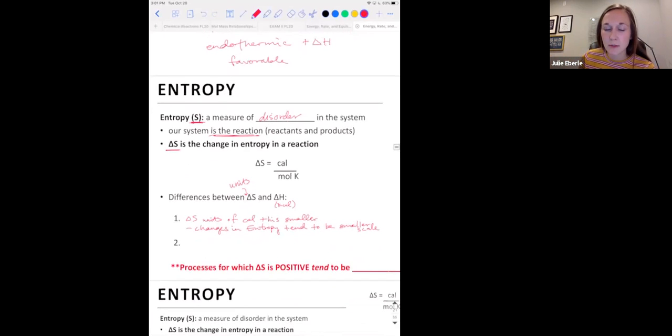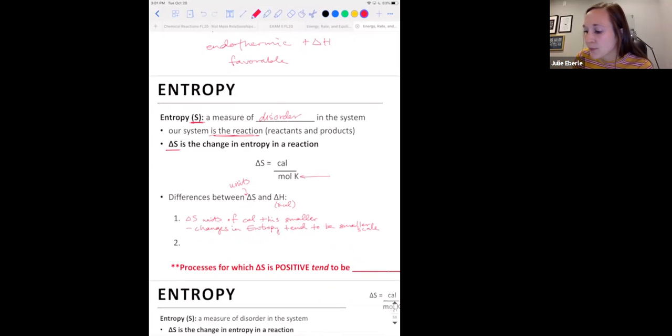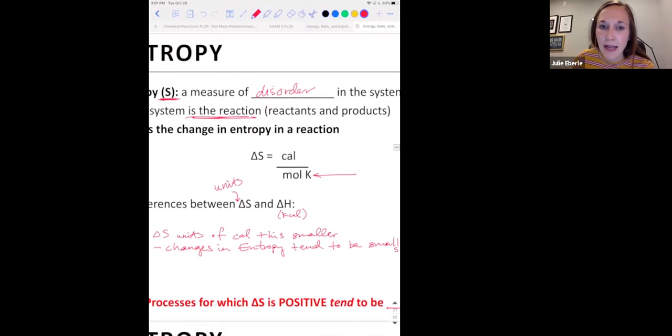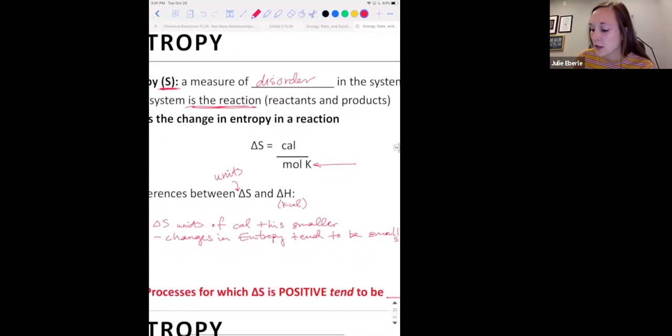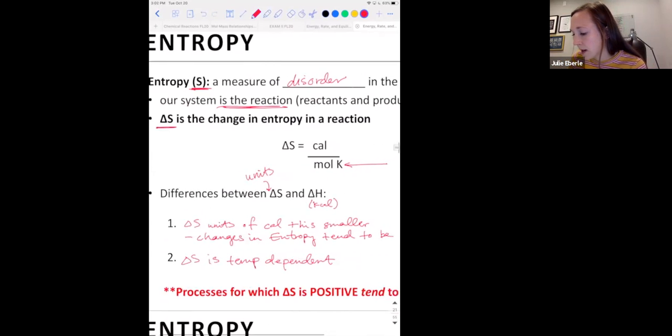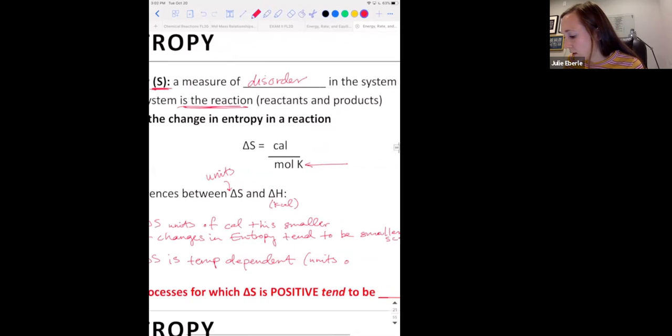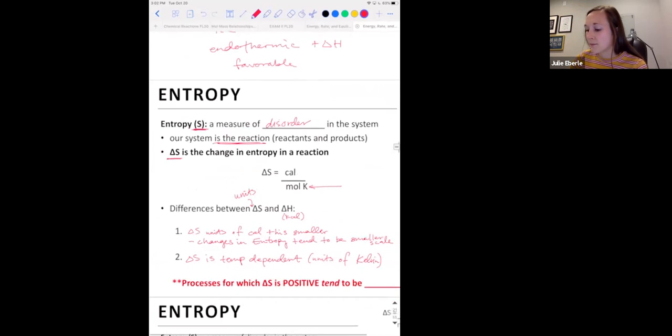The other difference, does anybody notice another difference? Using temperature. Yes. Look right here, we have Kelvin, K, in our units. So what this means is delta S is temperature dependent, all right, because we have units of Kelvin in the denominator.